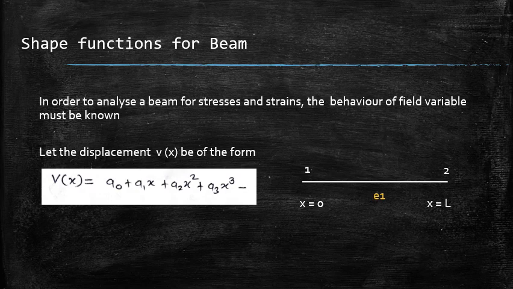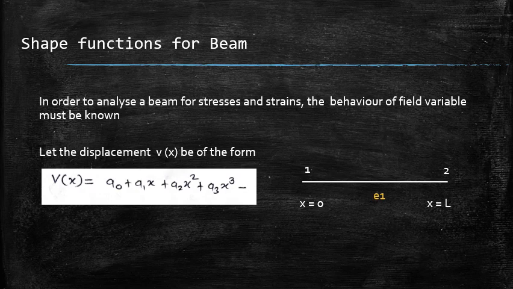Here it is shown as E1, having two local nodes, local node number 1 and local node number 2. These are not global node numberings as we have seen in last diagram. These are the local node numbers which are specific to element number 1.